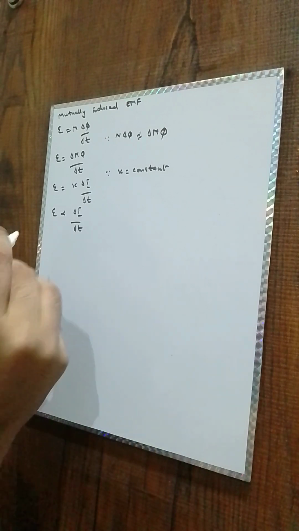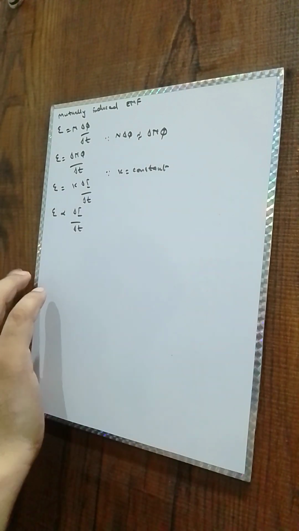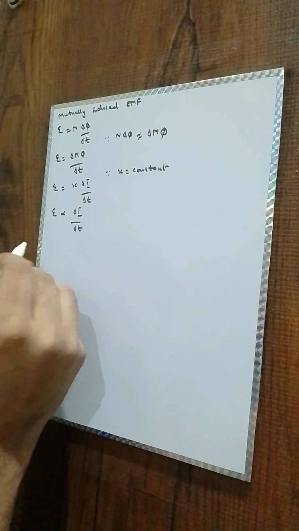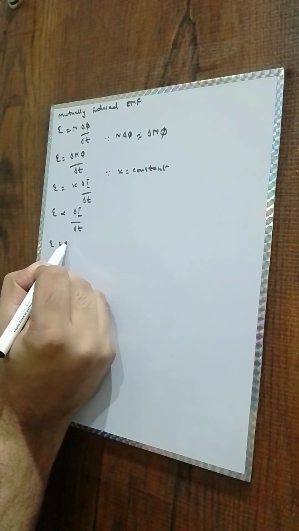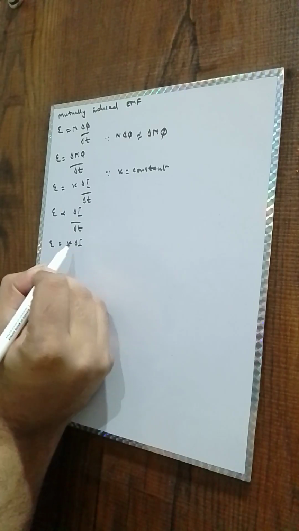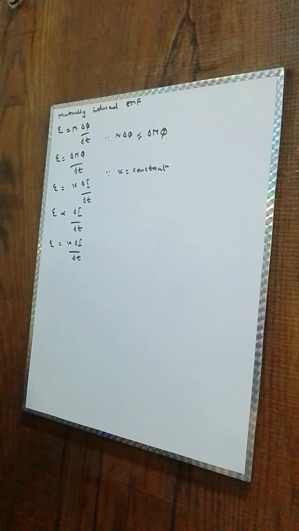So what happens is we get back to our equation, E is equal to k delta I by delta t.